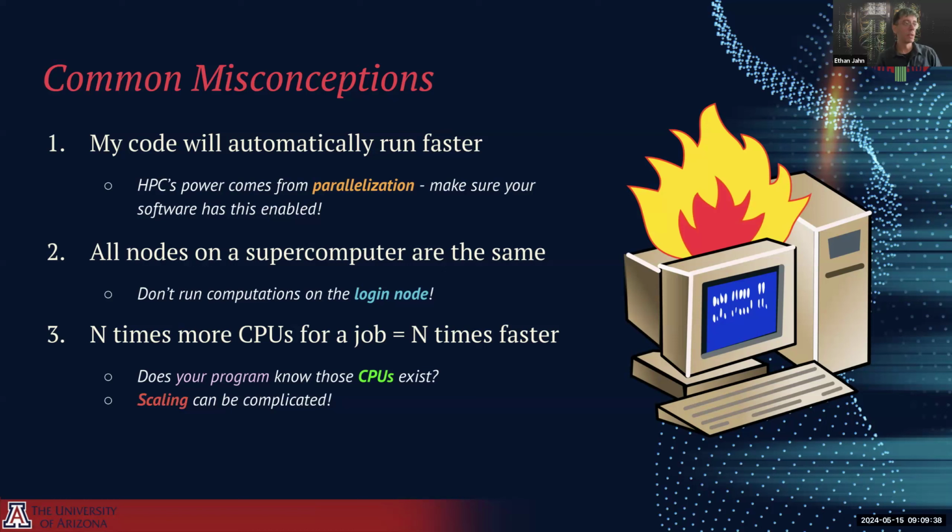So part of the problem is, does your program know that those CPUs exist? And the other aspect of the problem is that scaling can be complicated. Even if your program is able to access all of the resources of the HPC, it doesn't necessarily mean that the problem will scale perfectly with the number of CPUs.